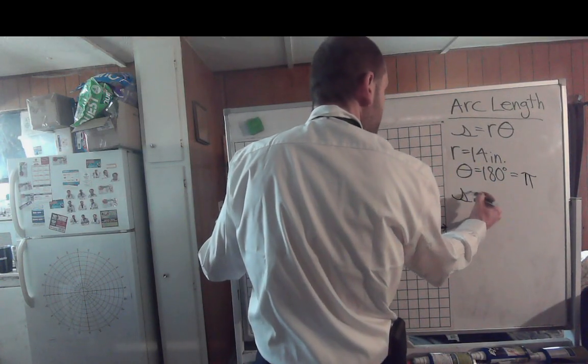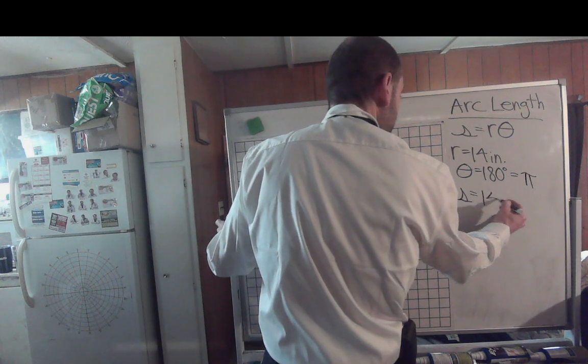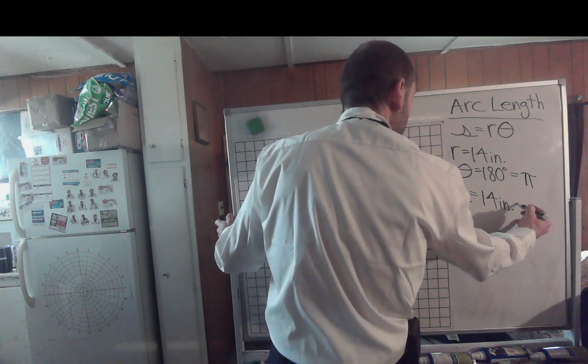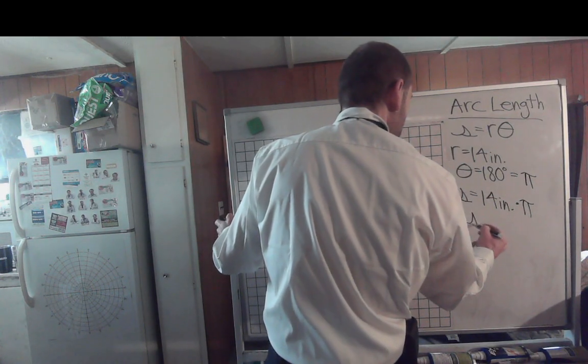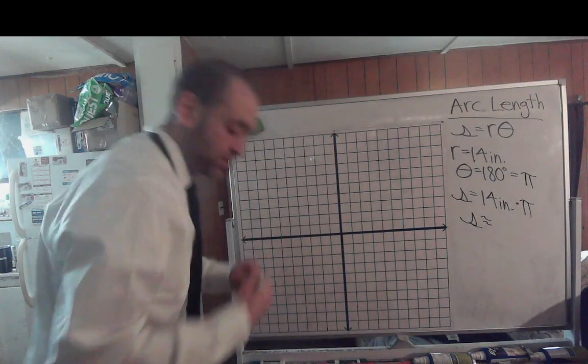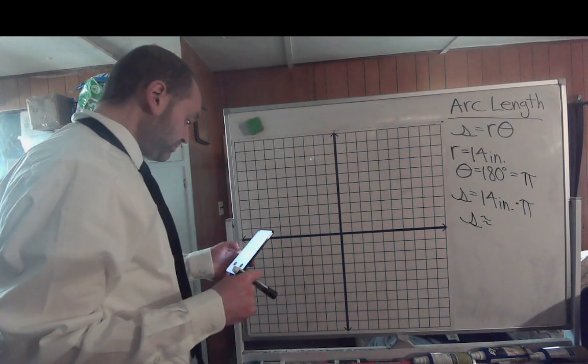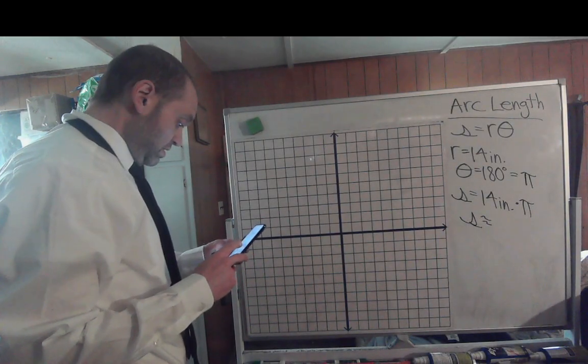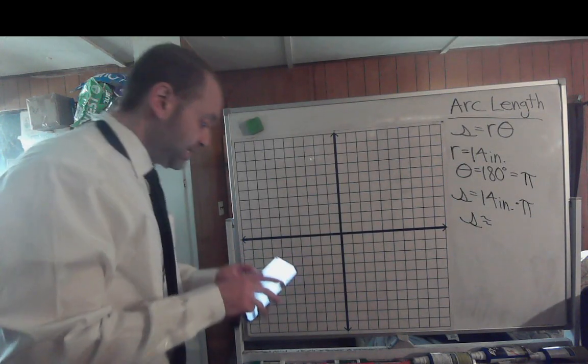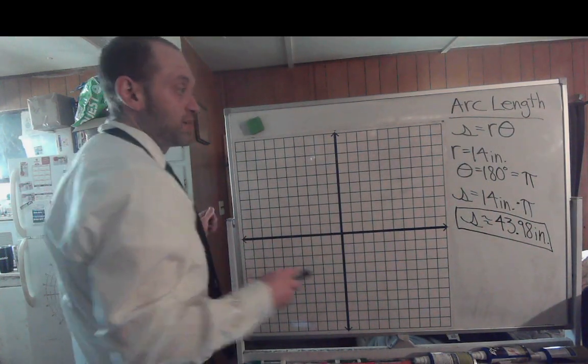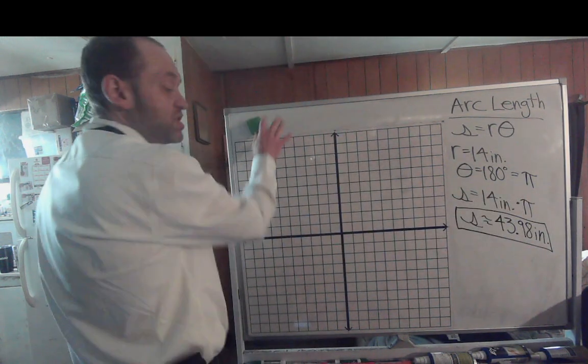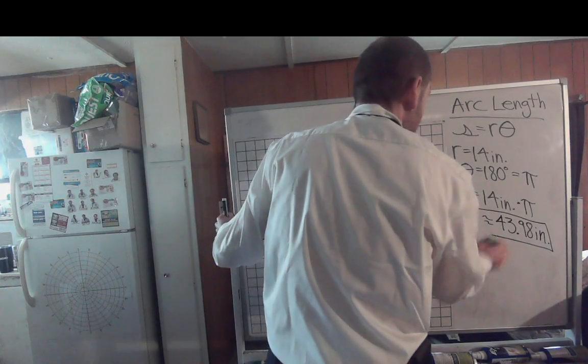So your arc length is going to equal 14 inches times pi, which, rounded to 2 decimal places, gives you about 43.98 inches. So the length of the arc with a 14-inch radius and the central angle being pi radians is going to be 43.98 inches.